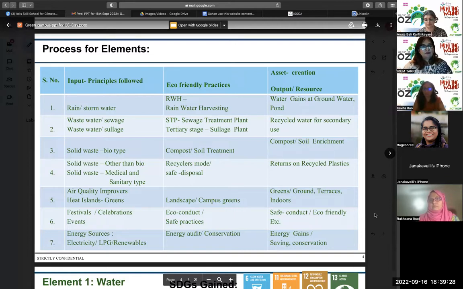Suppose, for example, you have Diwali, and you have the whole Diwali area with lots of crackers, blasting of crackers and other firecrackers, and a lot of smoke. So it is not a healthy climate at all.